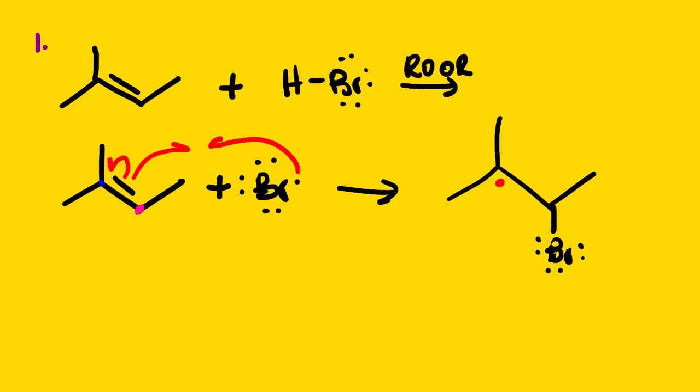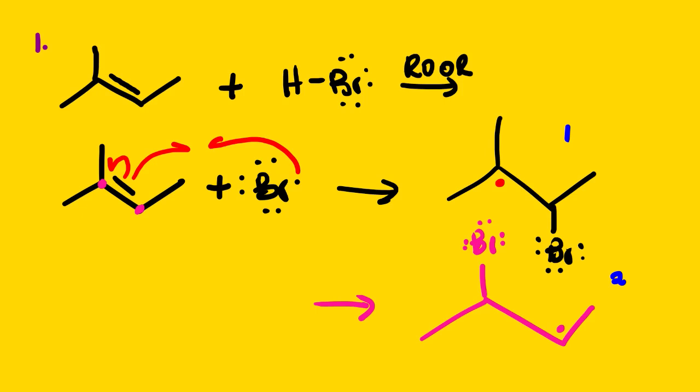Now, if it is attached to this carbon, we are going to have a radical like this. You can clearly see here, between 1 and 2, which one is a stable radical?